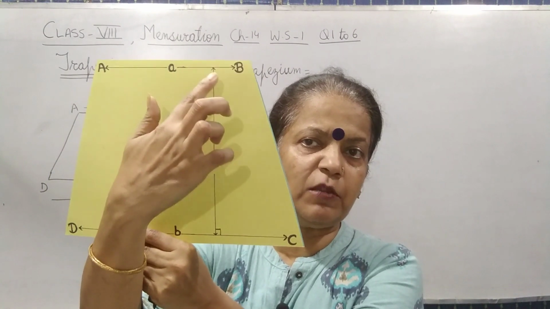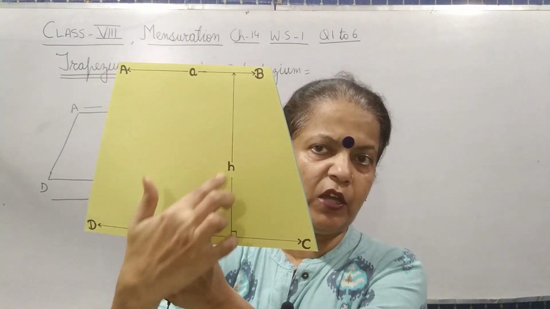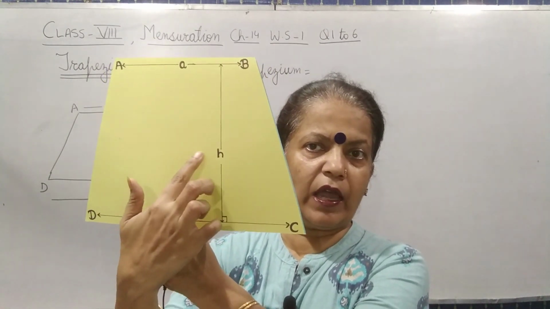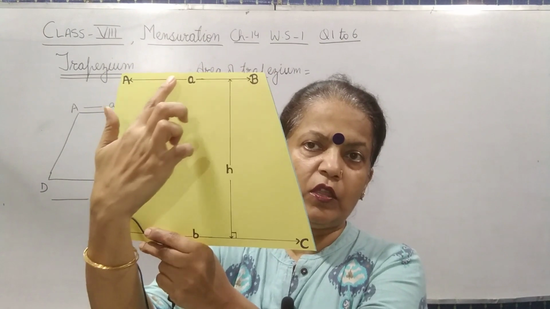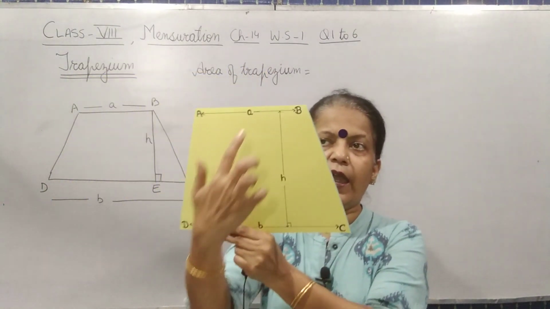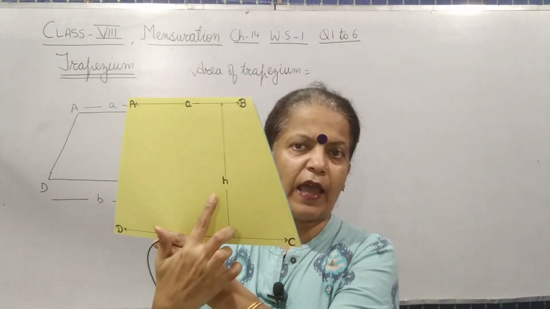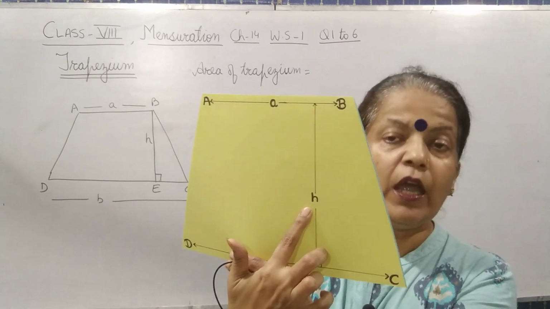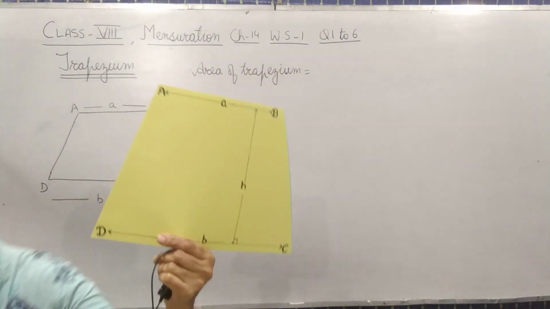So the distance between these two parallel lines, meaning the perpendicular, I have taken as small h. So these two parallel lines are small a and small b, and the distance between them is small h.